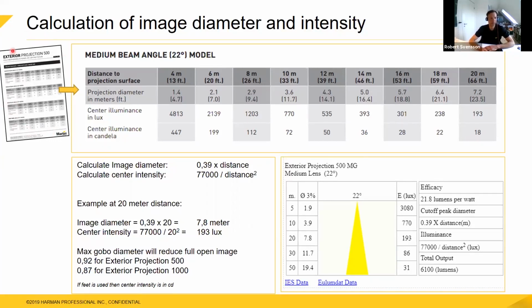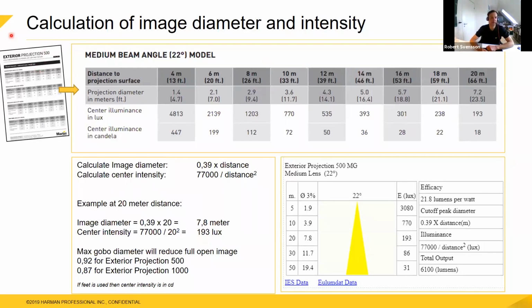One way could be to go to our website, go to the product page and download the specification sheet. On the specification sheet, you will find a full page with a number of given distances to the projection surface, just to give you a rough idea.